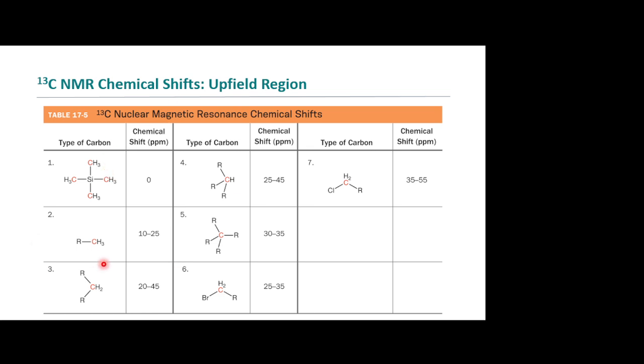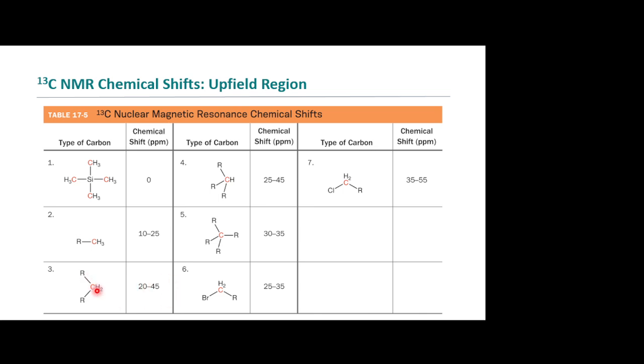Okay. And then we would look down here and we see that the CH3 is going to give you a peak somewhere in the 10 to 25. Notice this is going to be the exact same pattern as the hydrogens, right? It's just going to have a larger chemical shift because it has a quarter of the gyroscopic spin.